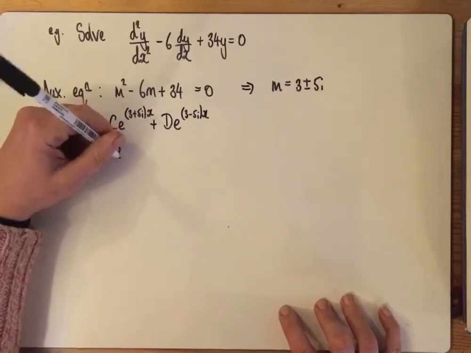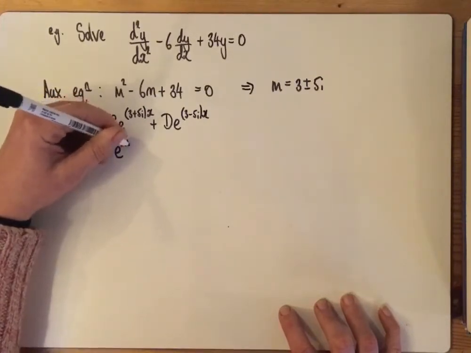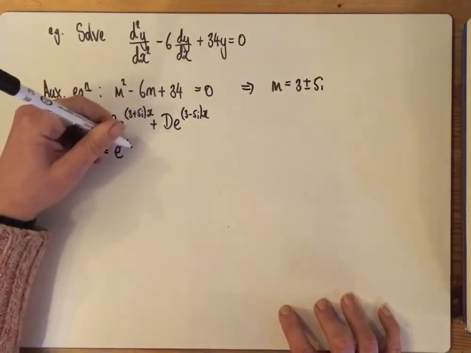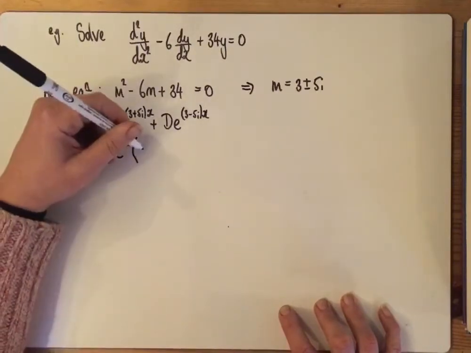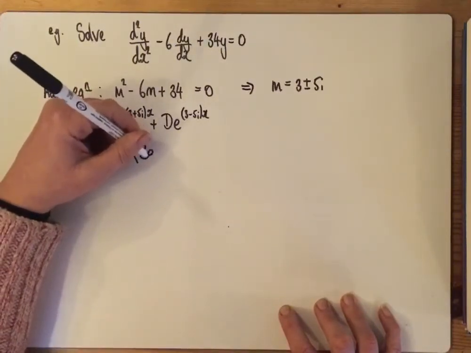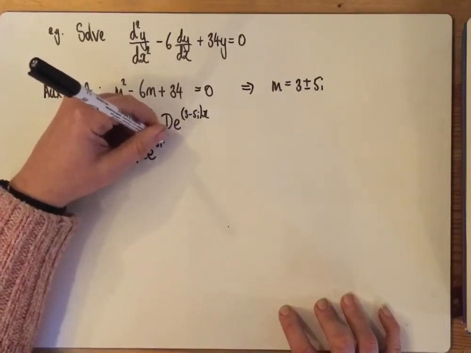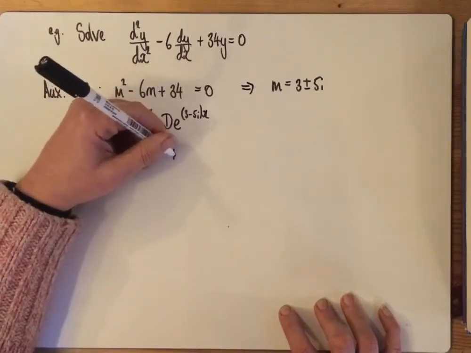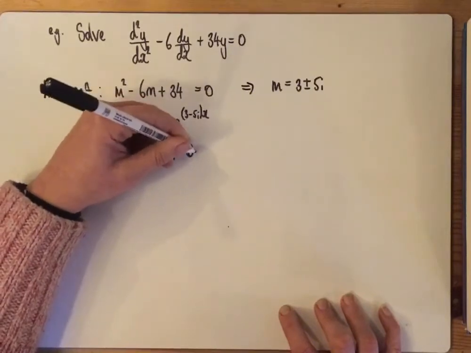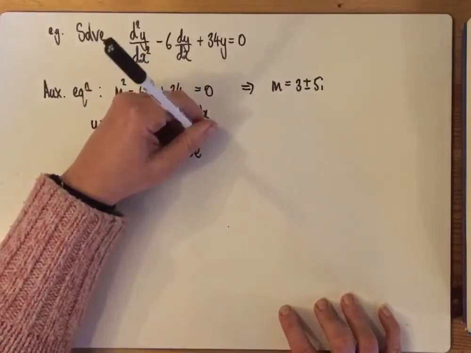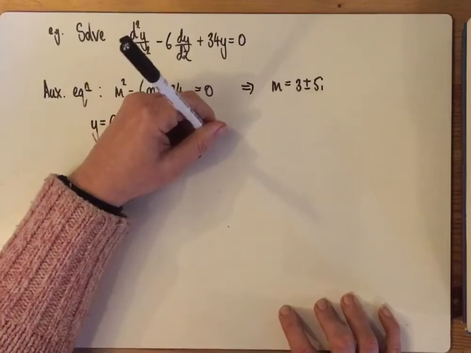So I have e to the 3x. Remember, when you multiply, you add your powers. So that's going to give me c e to the 5ix plus d e to the minus 5ix.